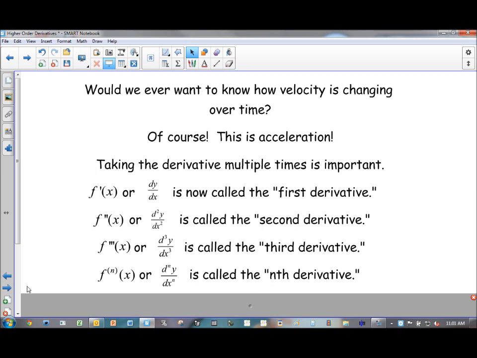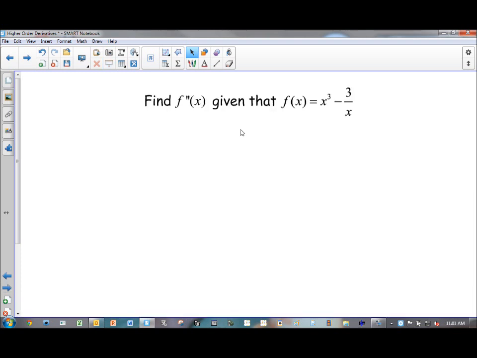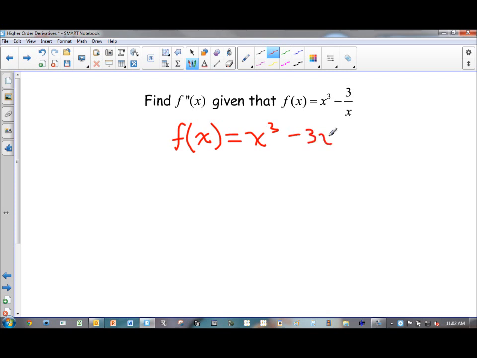All right, so let's do a couple of examples. We are looking for the second derivative. You can tell by the fact that there's 2 tick marks there. So f double prime of x, given that f of x is x cubed minus 3 over x. First of all, let's clean this function up and make it look like something I can take the derivative of. So f of x, I'm just going to rewrite it, is x cubed minus 3 times x to the negative 1.